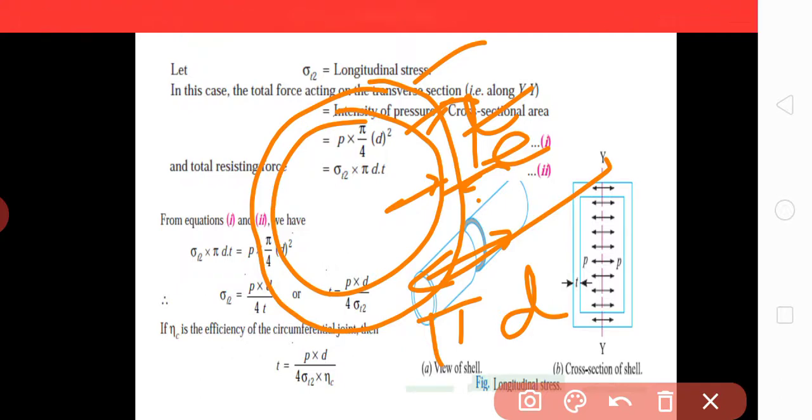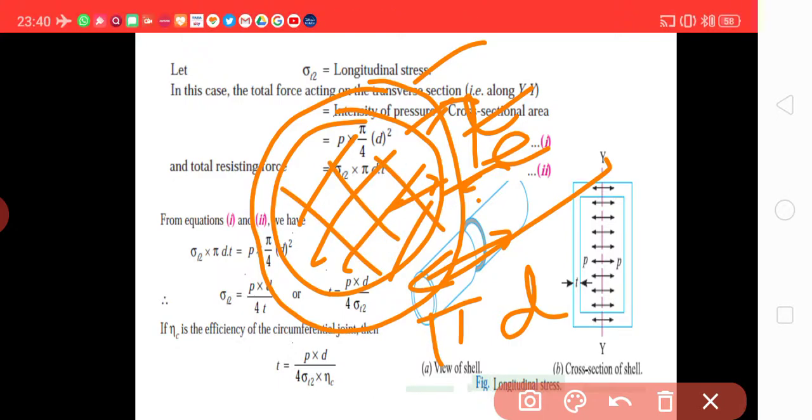Then pi d into t into sigma t2, which is equal to the bursting force, which is equal to the area of cross section pi by 4 d square into pressure intensity, that is small p.